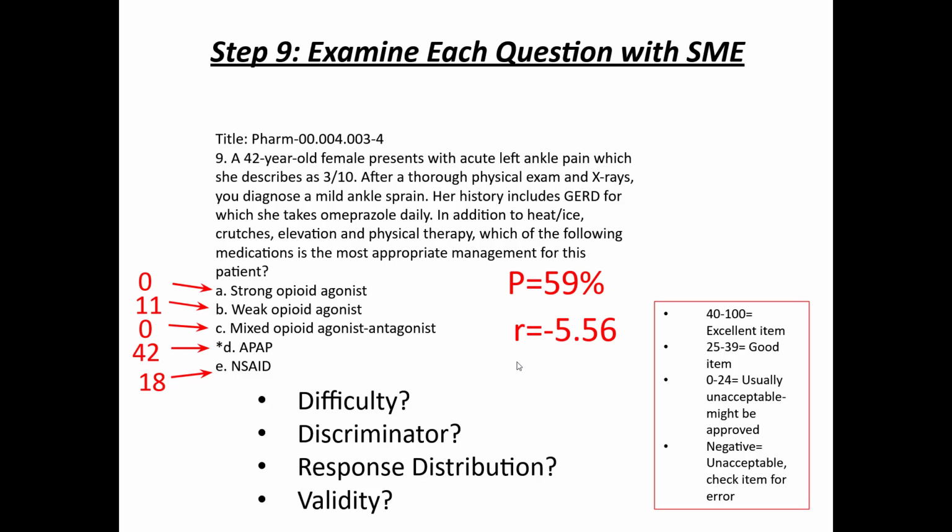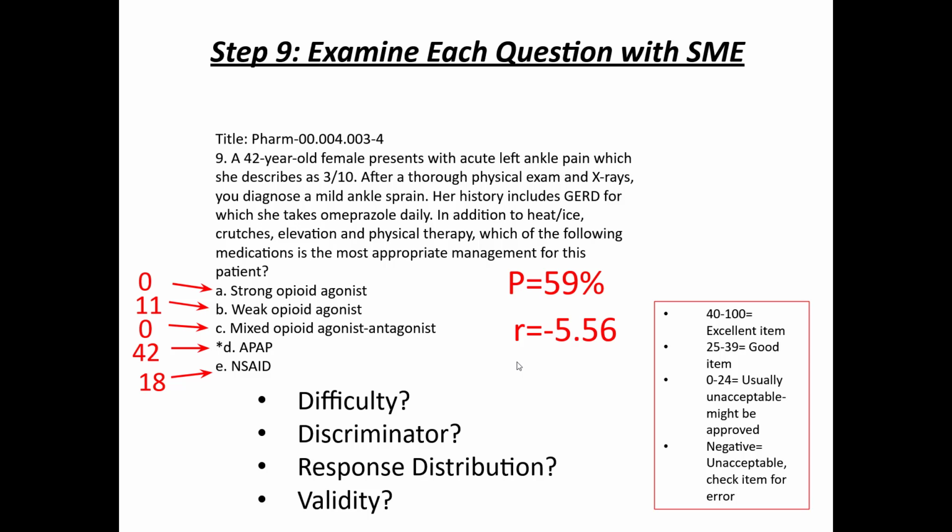If this is on a 100-question test and every question is worth 1 point, and you throw it out completely, if you say, well, yeah, I can see why they would put Tylenol, that's the correct answer, but I can also see why they might put weak opioid agonist, and it's not really fair to take weak opioid agonist because actually more put NSAID, so let's just throw it out.